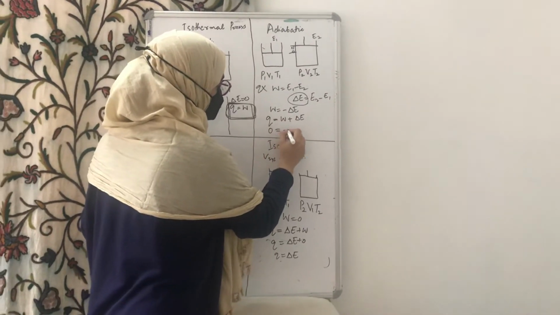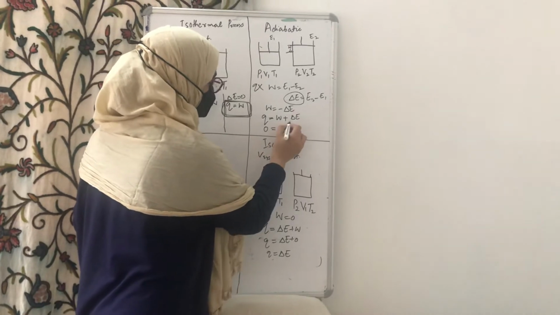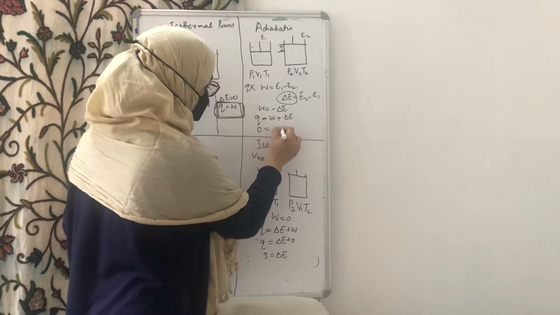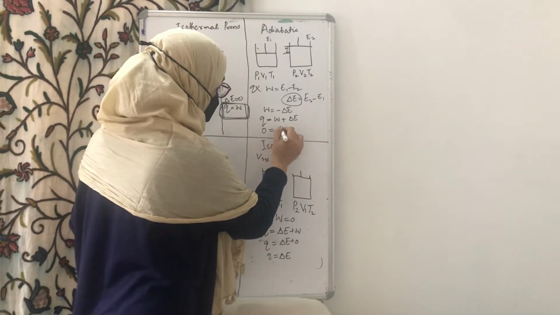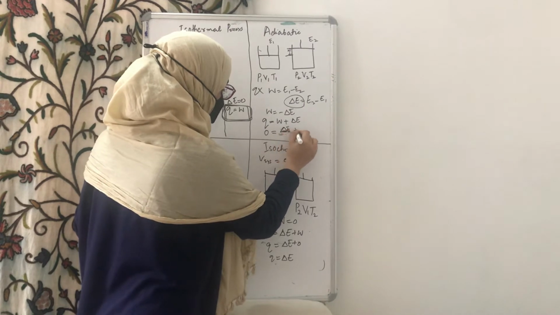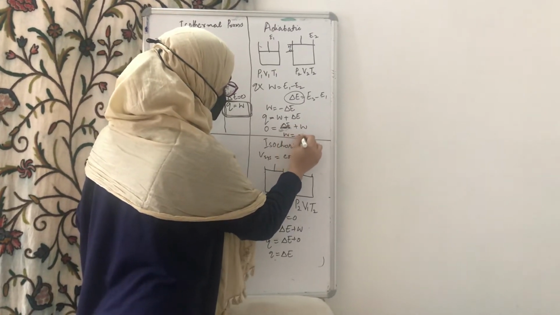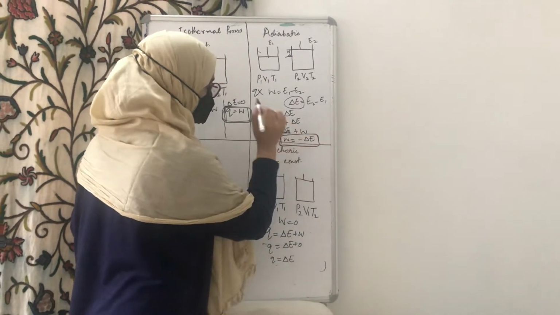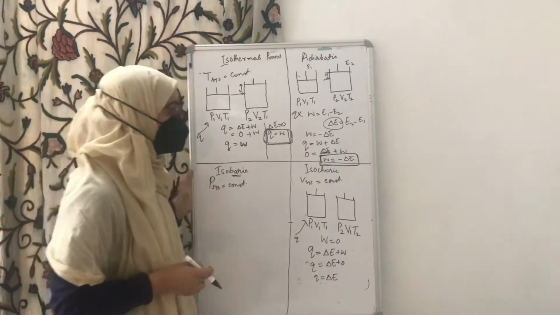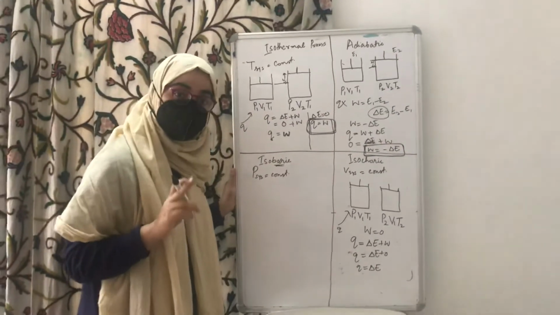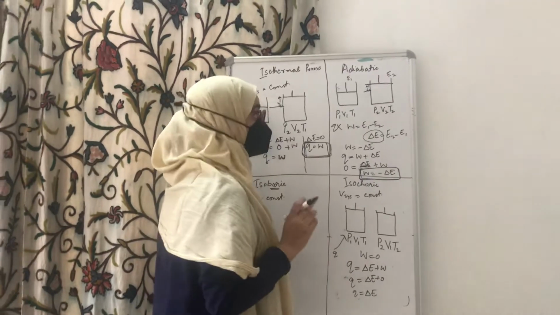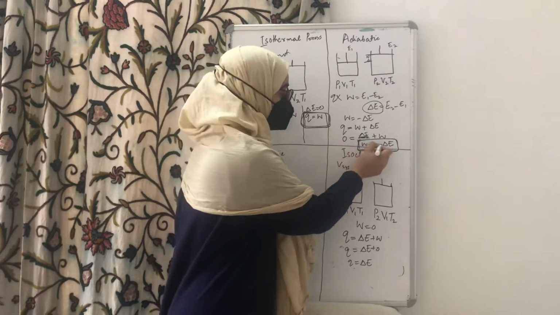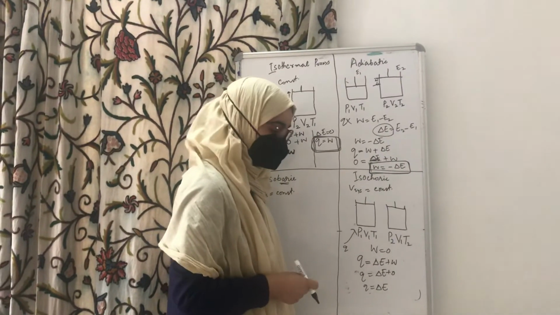So W is minus delta E. So in an adiabatic process, pressure, volume and temperature of the system change, but the work happens at the expense of its internal energy. So work would be equal to minus delta E.